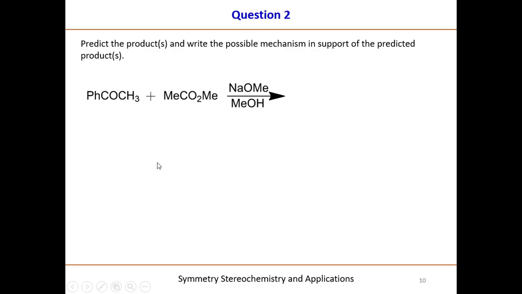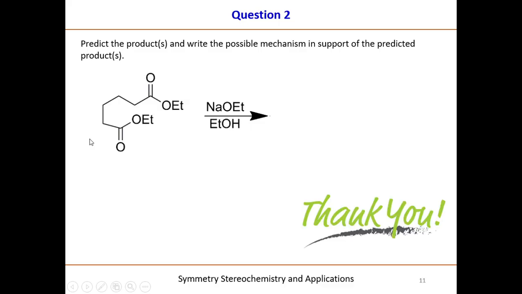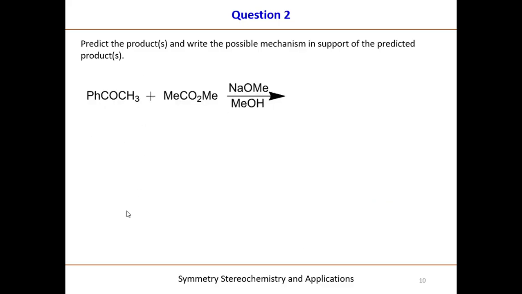So for this ketone, if I write it this way, I will open it and write: phenyl, carbonyl and CH2 CH3, sorry, CH3.